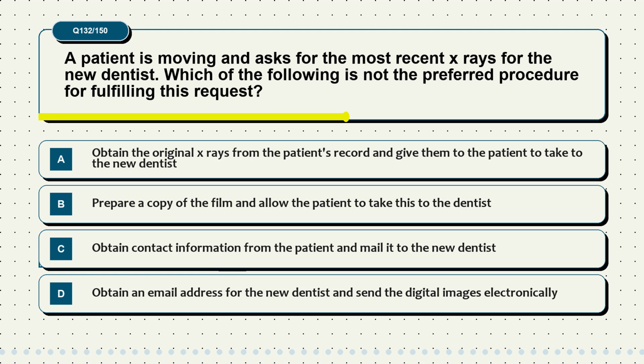Option B. Prepare a copy of the film and allow the patient to take this to the dentist. Option C. Obtain contact information from the patient and mail it to the new dentist. Option D. Obtain an email address for the new dentist and send the digital images electronically.